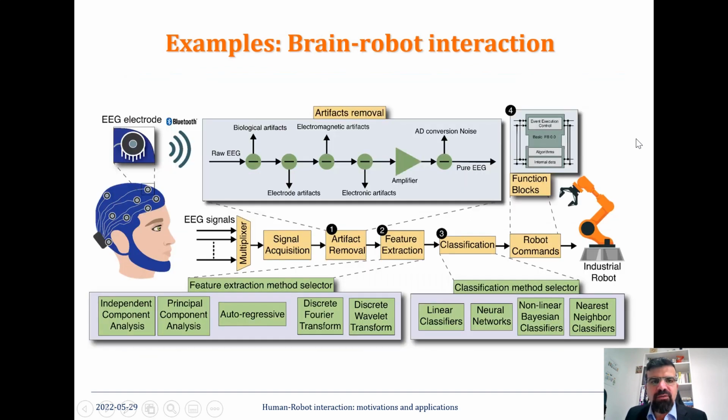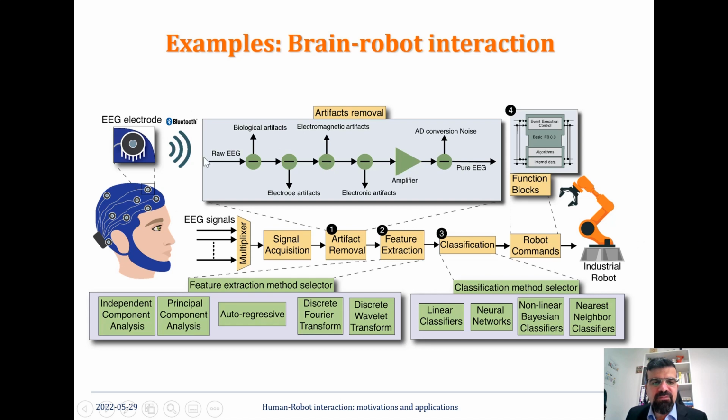So let's take a look at the second example of human-robot interaction, and in this case it is a brain-robot interaction. For this example, the EEG signals of the human brain are used so the human can think about a certain command, and then it will be translated through this system into a meaningful command for the robot.